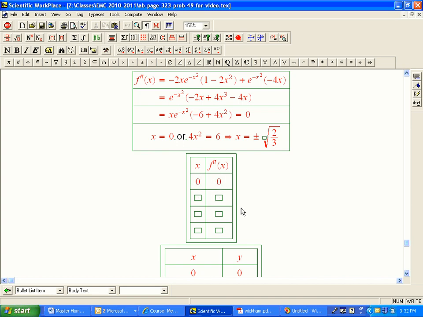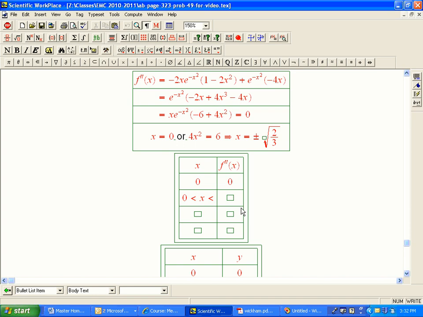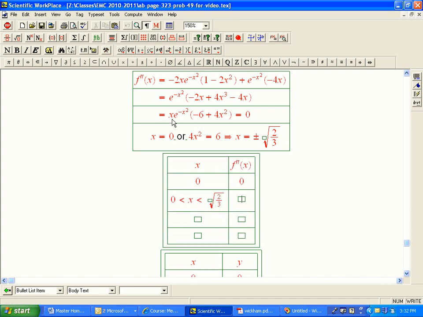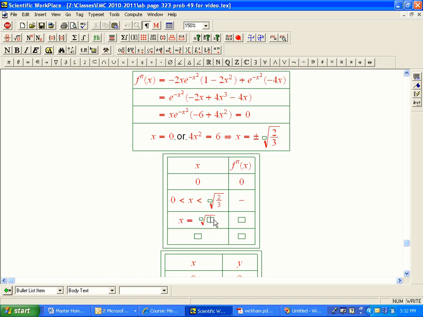And if x is between 0 and root 2/3, then we have to plug that in here. So x is positive. Let's say it's a very small number, just past 0. This is going to be small, and so this is going to be negative. Concave down.